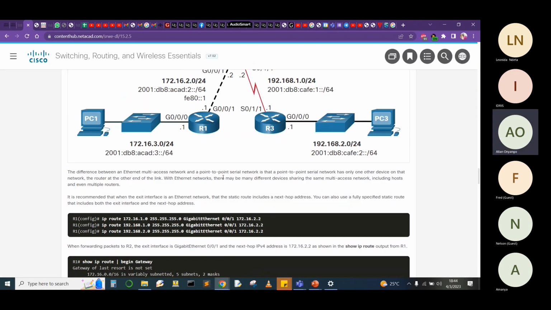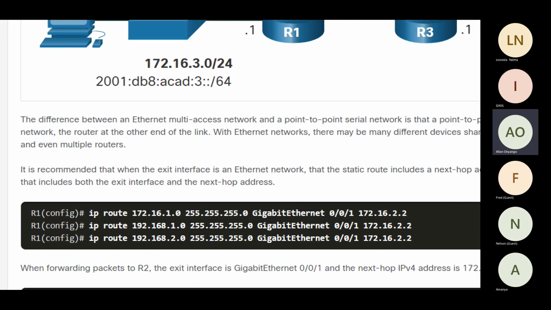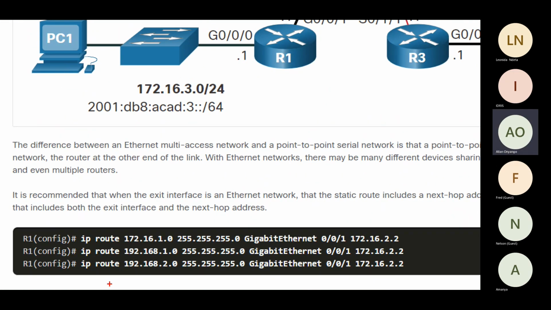So we can see that here. You still say ip route, put the network address, the subnet mask, start with the exit interface, G0/0/1, and then go to the next hop. Don't do it the other way around. You start with the exit interface, then you put the next hop IP address.